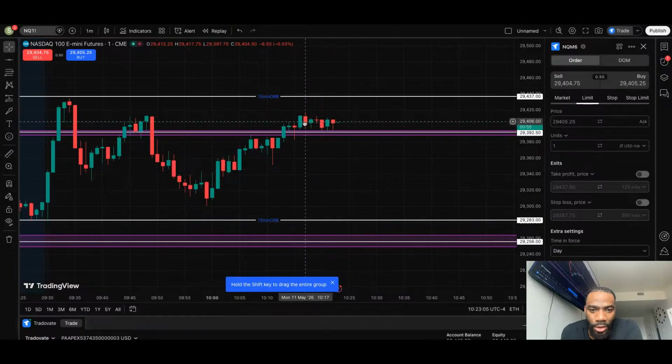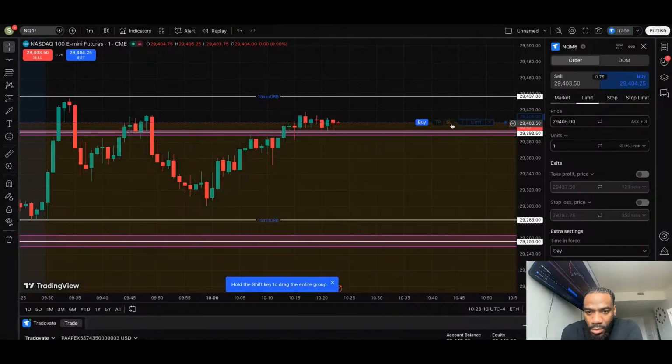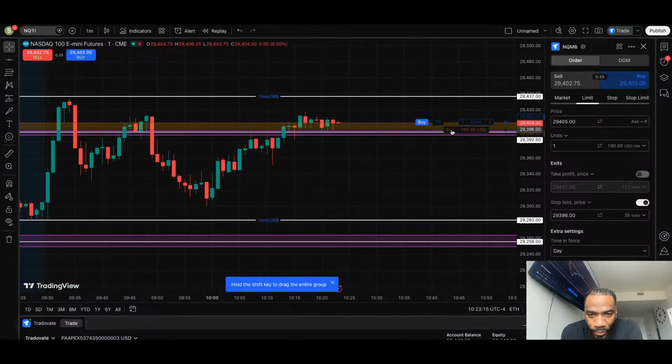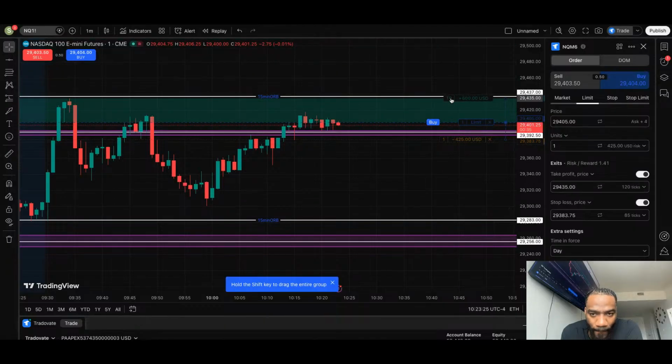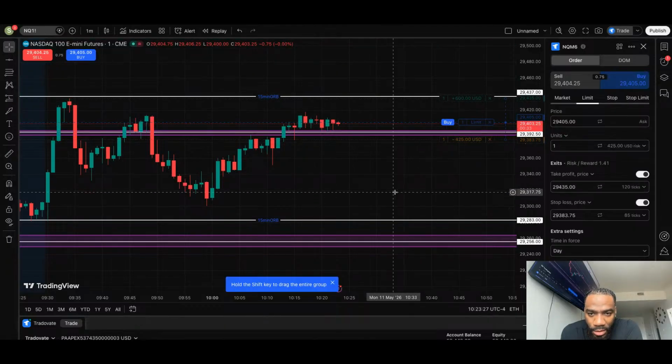Breaks out, shows support, and then you continue to go to the upside. All right. Oh, this could be a low risk trade. It'll look something like this.